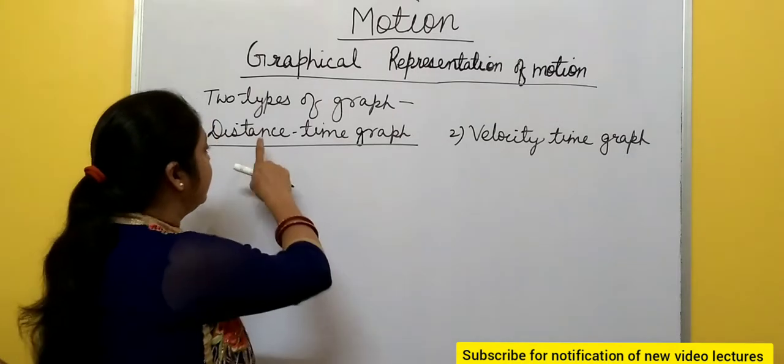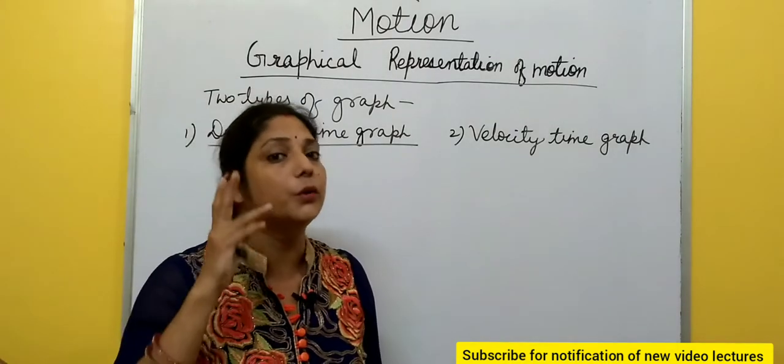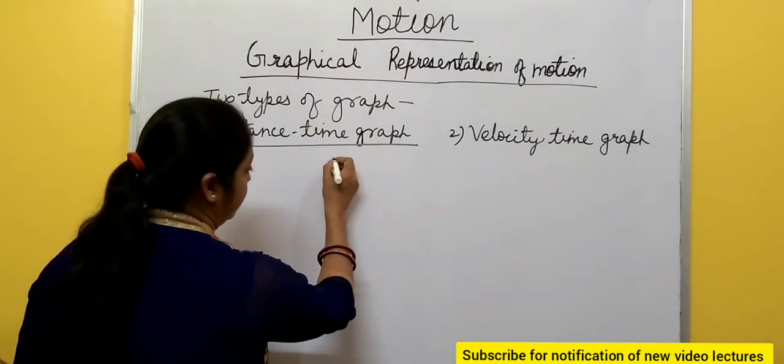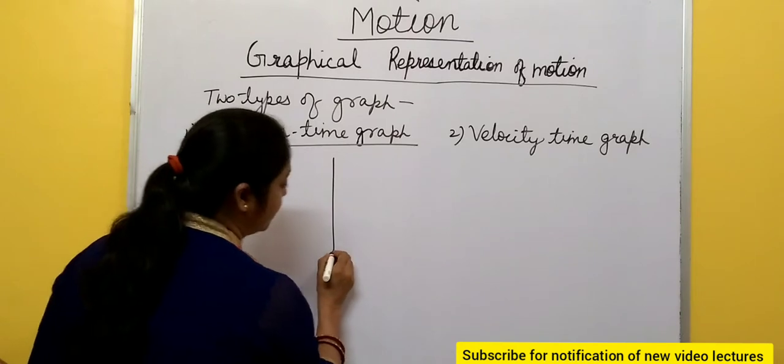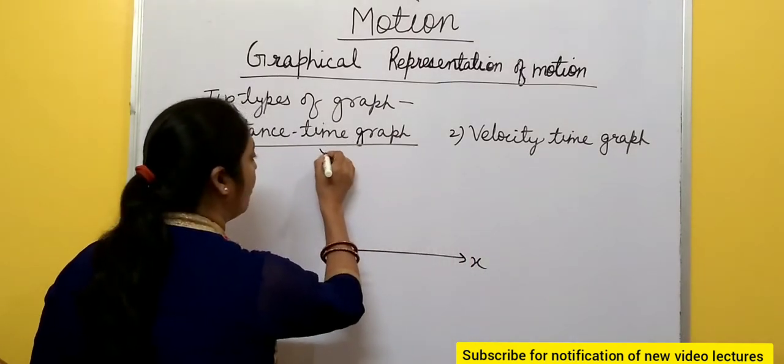To represent these physical quantities on the graph, first we require two coordinate axes. So let us assume that the first one is the x-axis and the other coordinate axis is y.